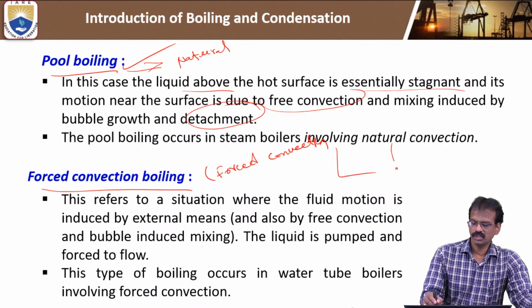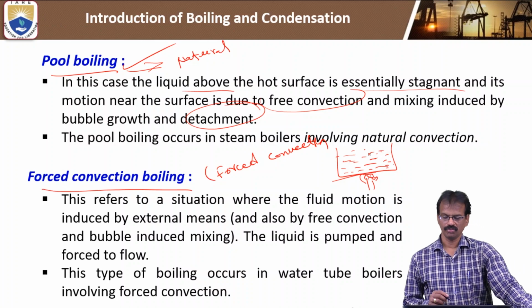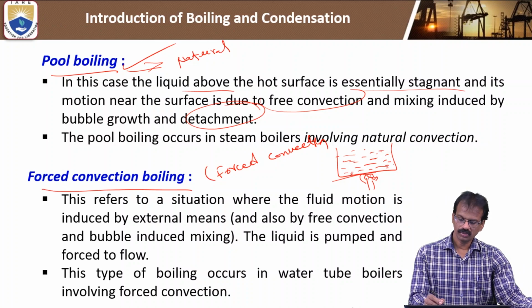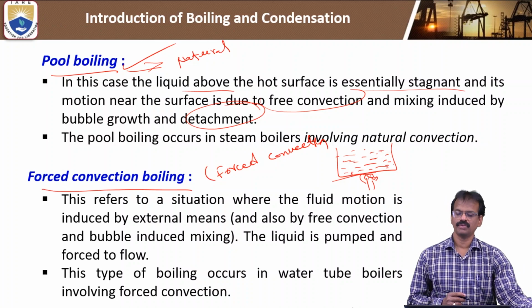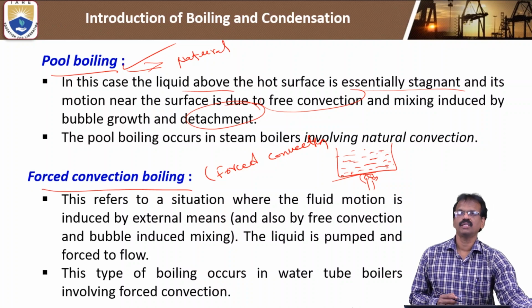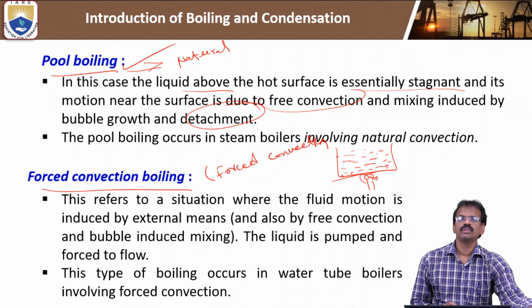So suppose this is the container. If you give heat to the container, so this is the liquid. Okay. So it is in a stagnant position, not moving, but the particles which are very near the surface will be heated.